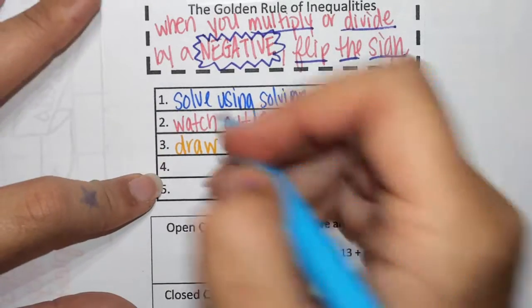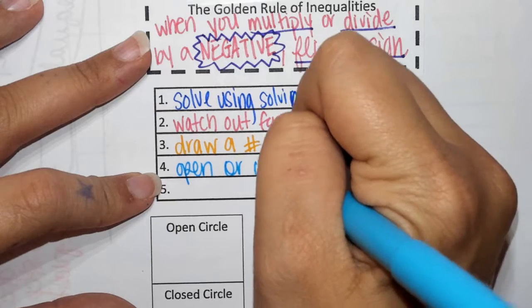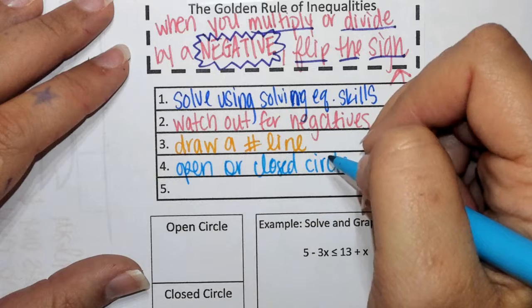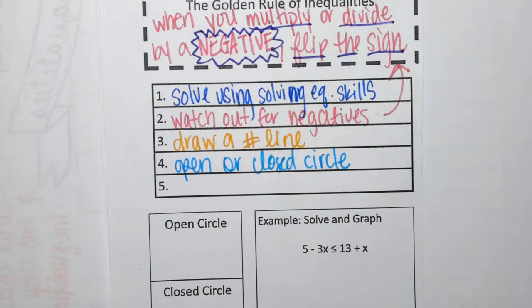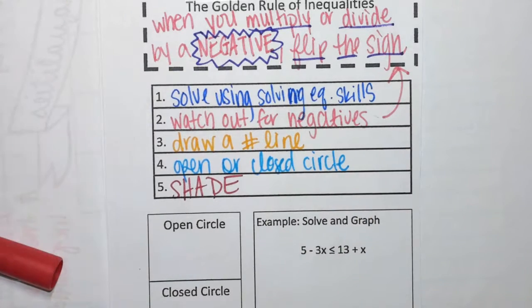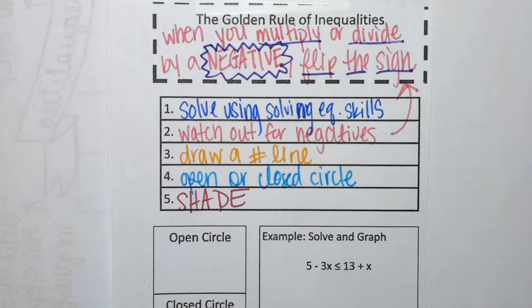All right, draw a number line. Open or closed circle. And what is the last thing we do when we're graphing these? Shade. All right. Do I need to give you a moment? Okay.